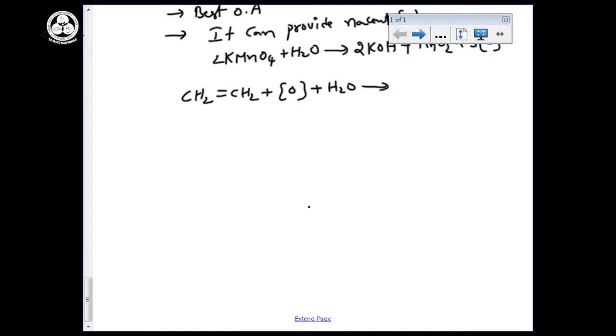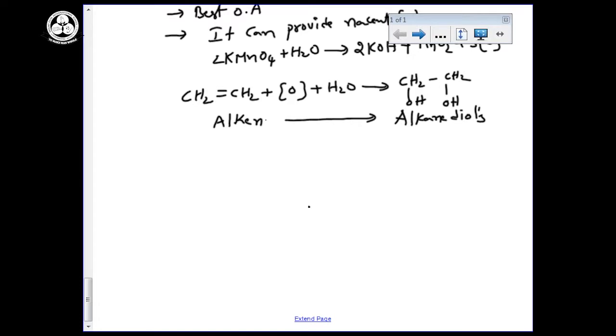Now it becomes CH2(OH)-CH2(OH). So when cold dilute alkaline KMnO4 is used, the alkene is converted into alkane diols.